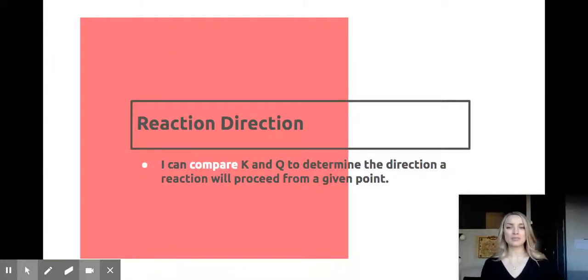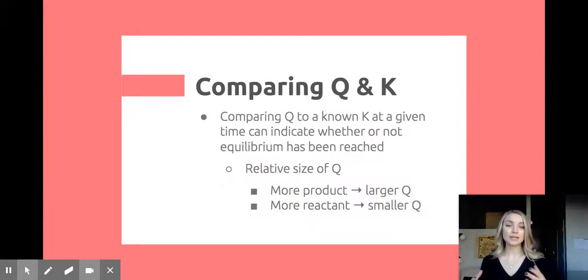Today, we're going to be talking about reaction direction and predicting reaction direction. Our learning objective is: I can compare K and Q to determine the direction a reaction will proceed from a given point. We've laid a lot of groundwork for Q and K, and today we're going to get into some of the beginnings of the mathematical calculations to describe how a reaction is going to behave.